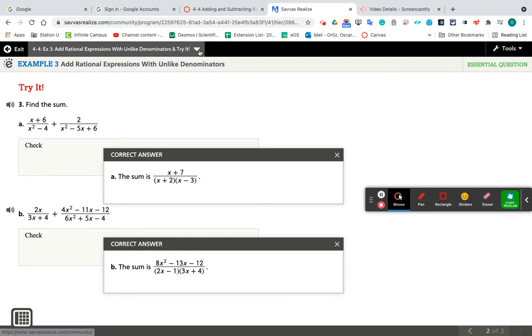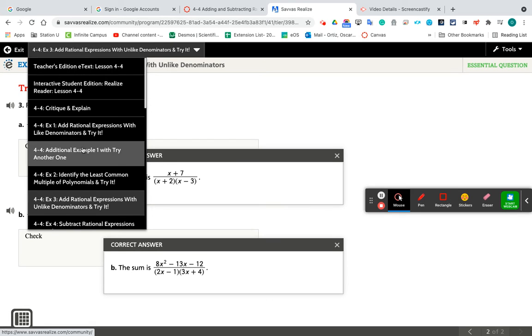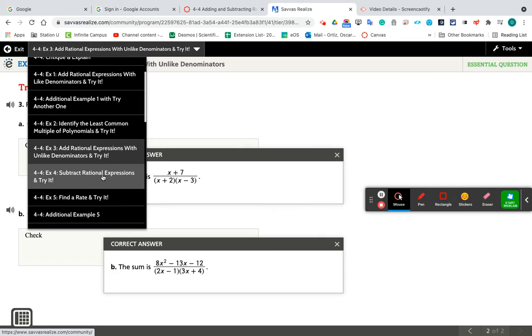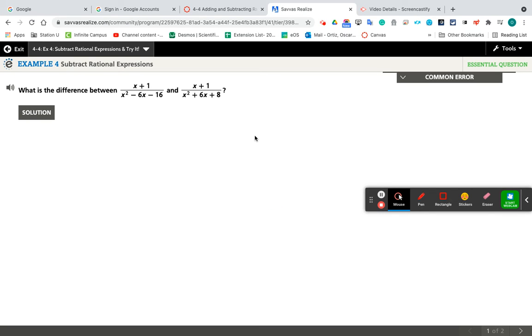And now let's check example 4 for a subtraction, which is not going to be that different. You will see the same exact ideas going on. So for the difference, you always again start by factorizing the denominators and finding the LCM, or least common denominator, LCD.